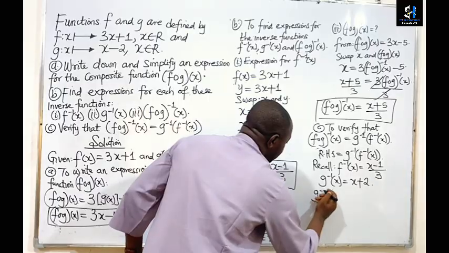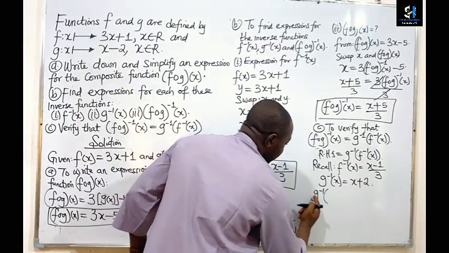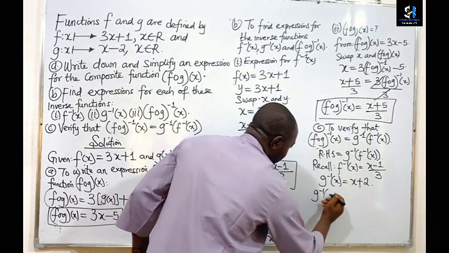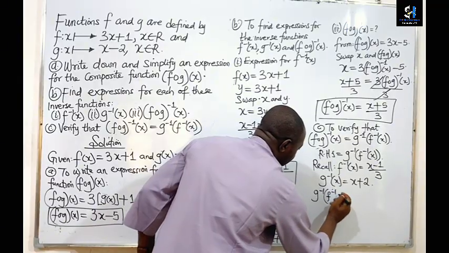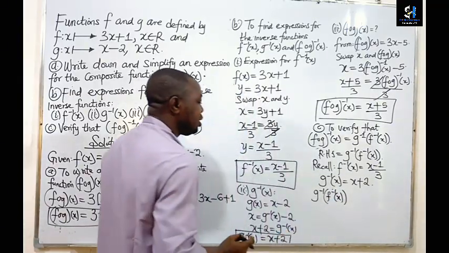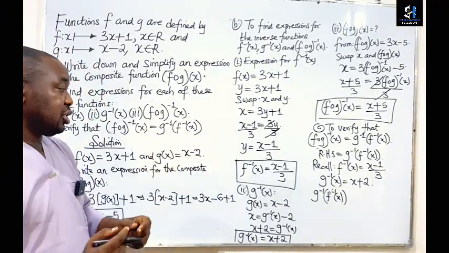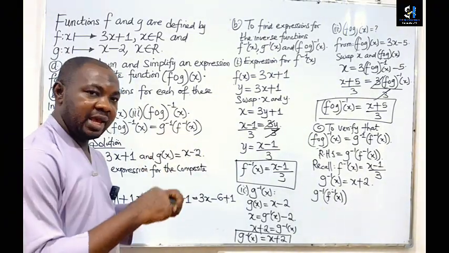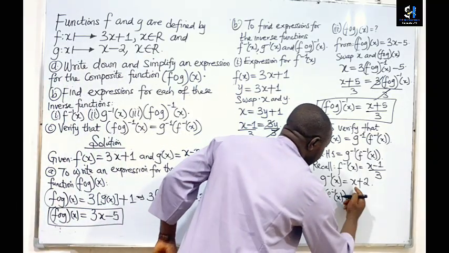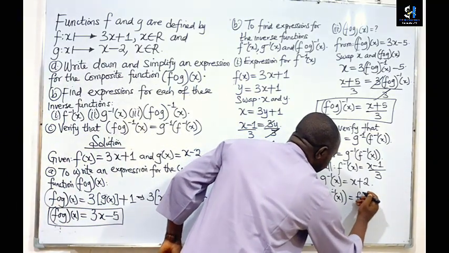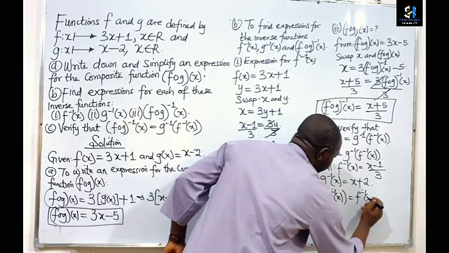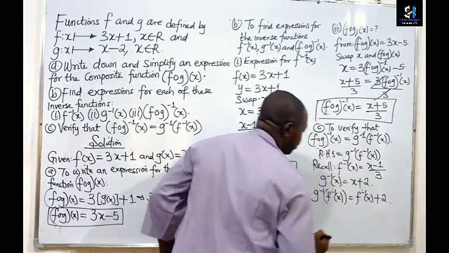So to find an expression for the inverse of g of inverse of f of x, I'm going to put the inverse of function f of x into the inverse of g as x. So this x will now be the inverse of function f of x, plus 2.